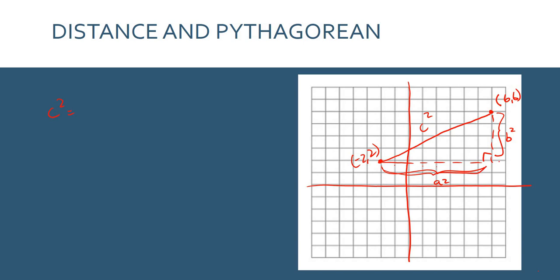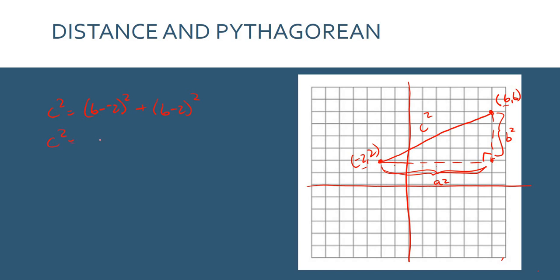This is 8 units. That's like taking 6 minus -2. Right? Let me write it that way. (6 minus -2) squared plus my b squared is 6 minus 2, or 4.